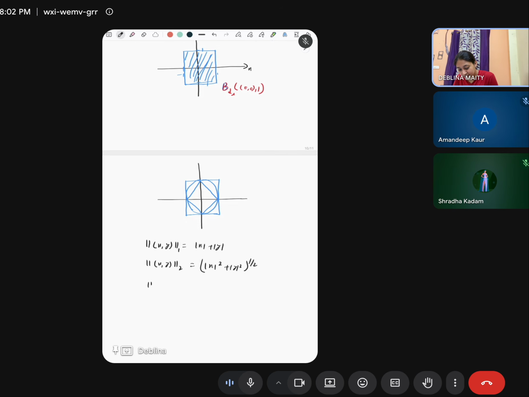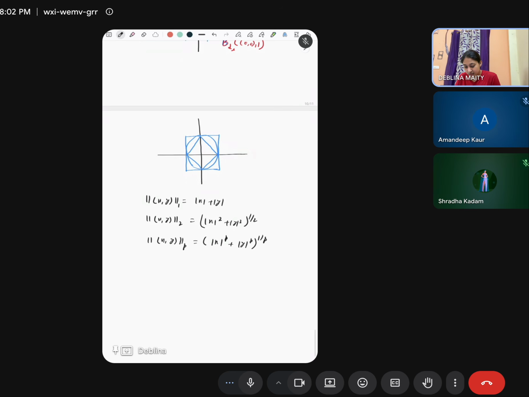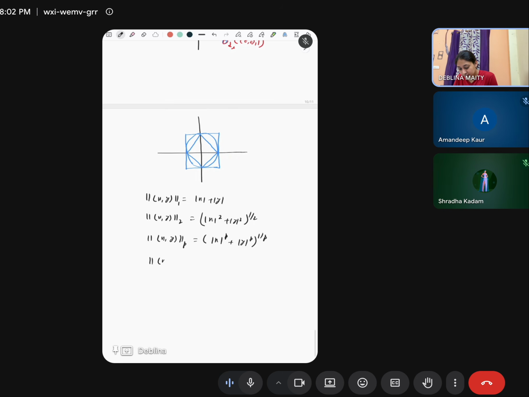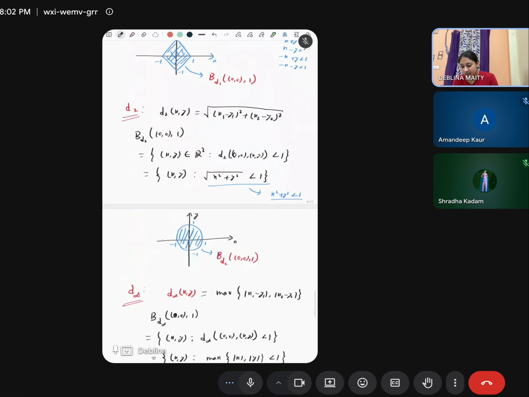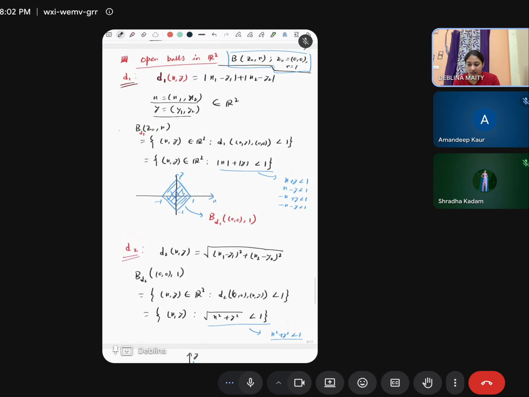And similarly we can define norm p, which is mod x to the power p plus mod y to the power p whole to the power 1 by p. And this norm infinity is the maximum of mod x, mod y, right? So with respect to these norms, these metrics are coming, right?